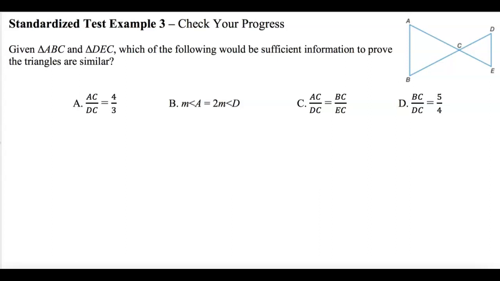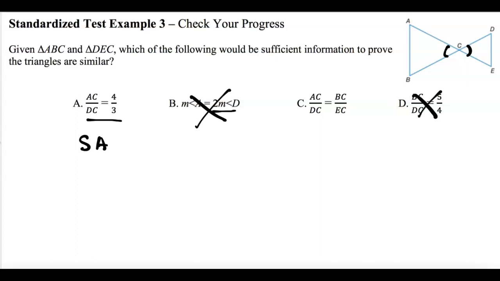Okay, so in this one, since we have these overlapping triangles, we know that we have one angle, and let's just go through and look. So this one would mean you have something about one side. So this would be a side and an angle, and that is not one of our theorems. This says twice the measure, so that's going to be out.